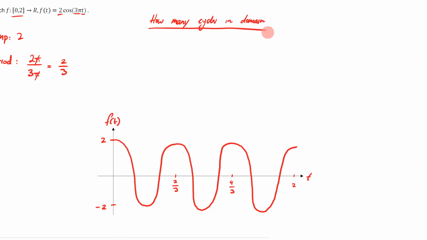What you could have done is taken the domain and divided it by the period. So that would have been 2 divided by 2/3. Remember, stay, change, flip. This 2 would cancel with that 2, 3 cycles. And sure enough, there are 3 cycles there. So just how many cycles you got fitting in the domain.